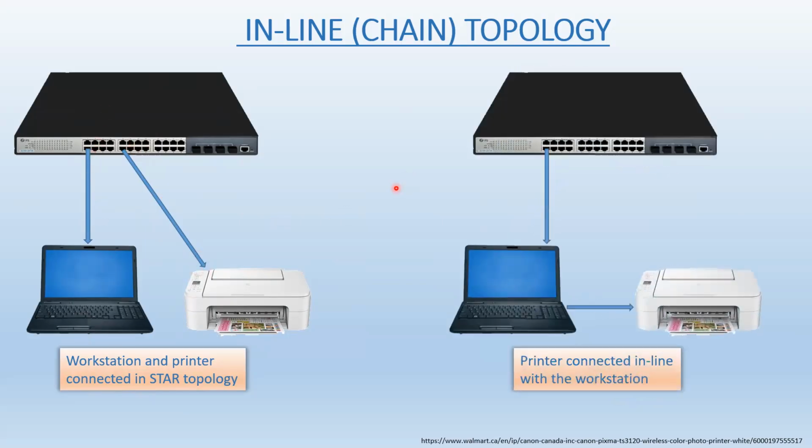Now, in this case here, this printer is connected inline with the server, so it's an inline configuration. In some cases, the printer doesn't even see the switch, but this would be a physical inline topology as opposed to star topology.